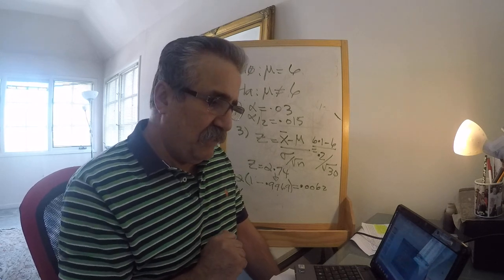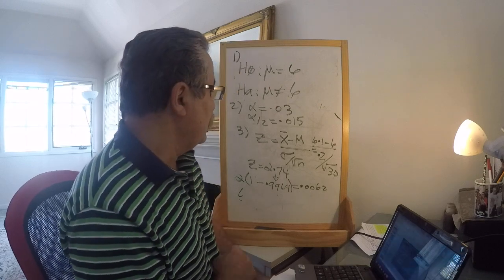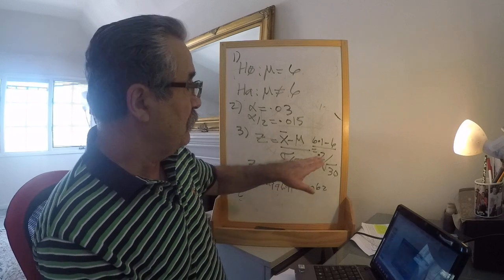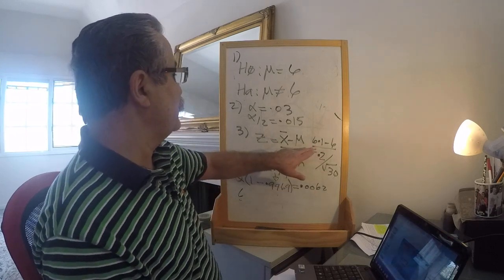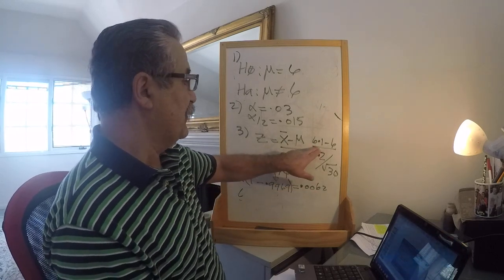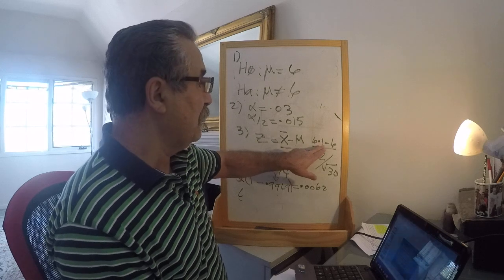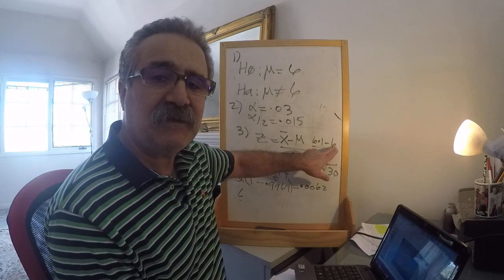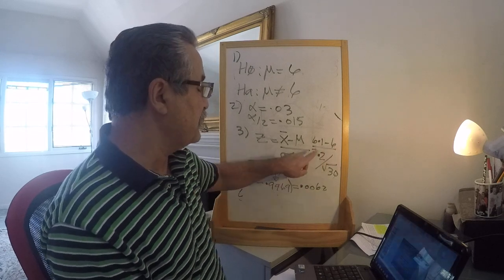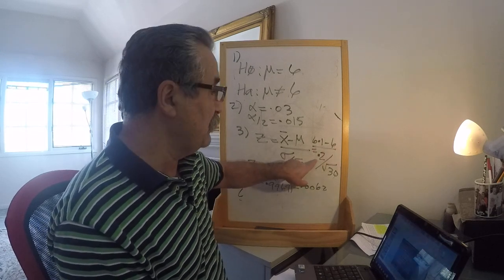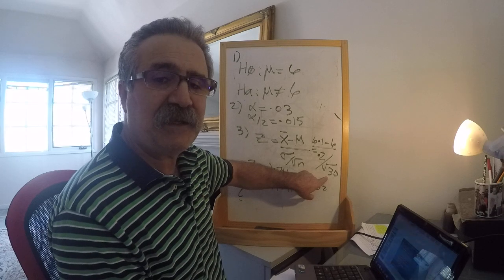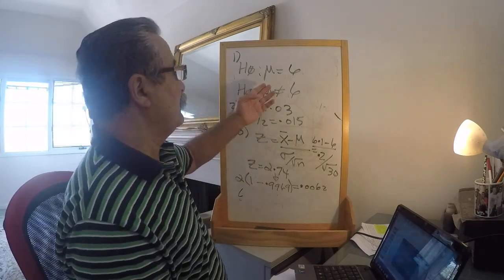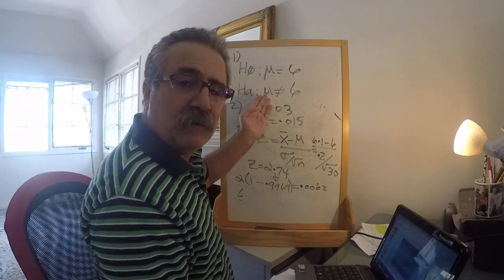The sample mean is 6.1 ounces, and the average is supposed to be 6 ounces, with a standard deviation of 0.2 in a sample of 30 that was taken. So this is the example of the equal, not equal.